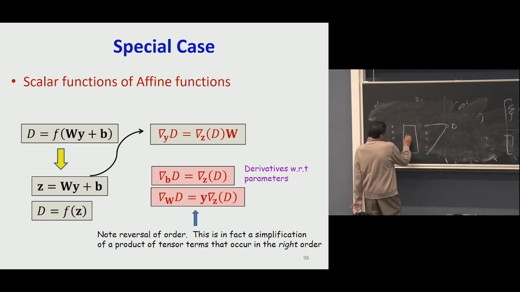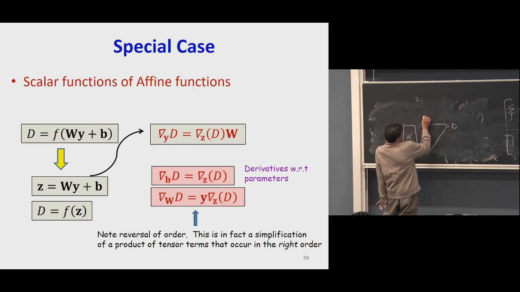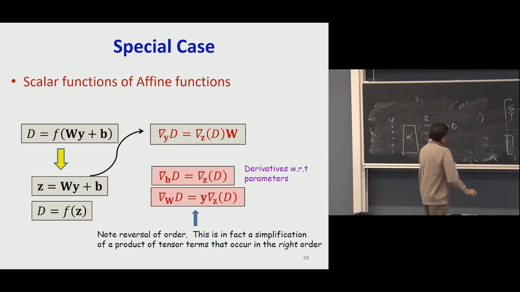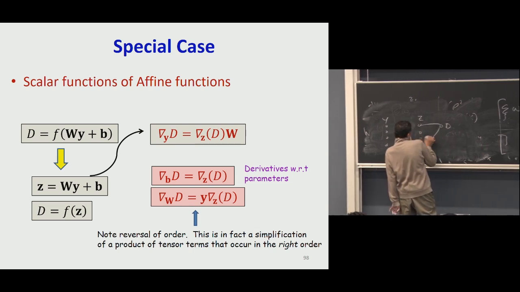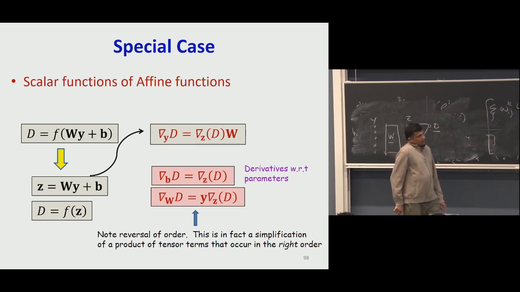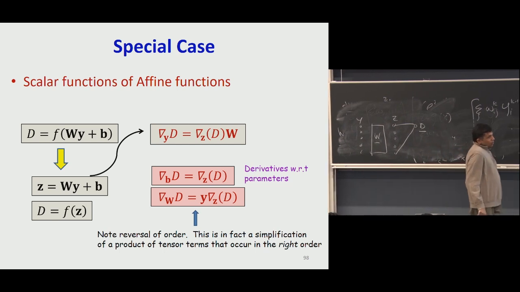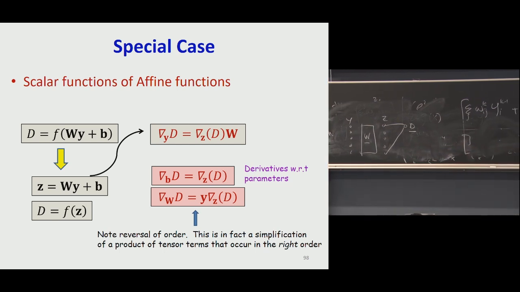So this is W, this is A, in this case Z, this is Y. If I take the derivative of d with respect to W, something interesting happens. The actual operation ends up involving tensors which occur in this proper left to right formalism in exactly the manner that we've been talking about.